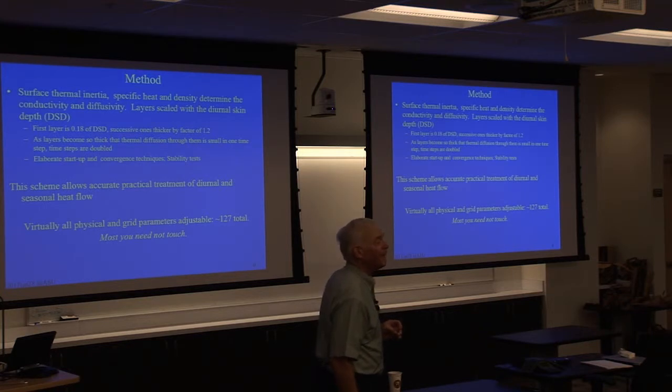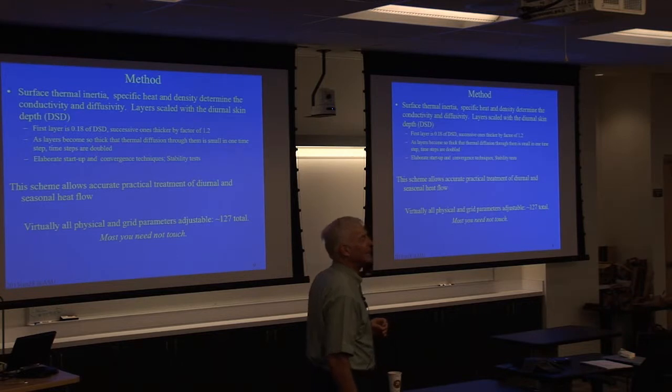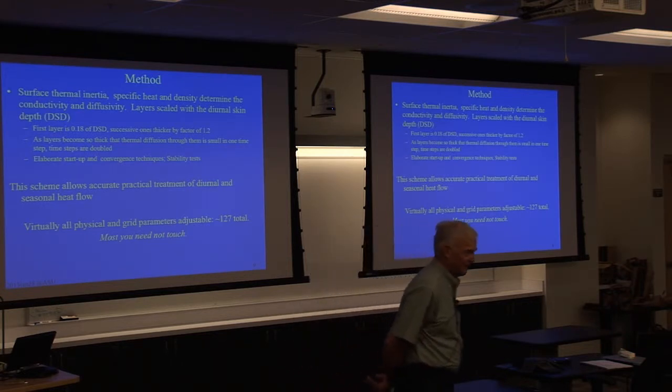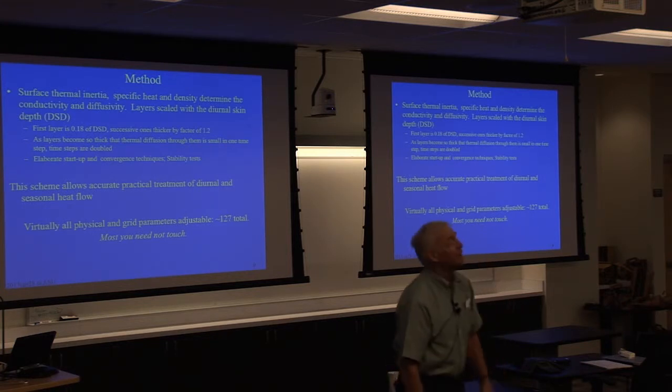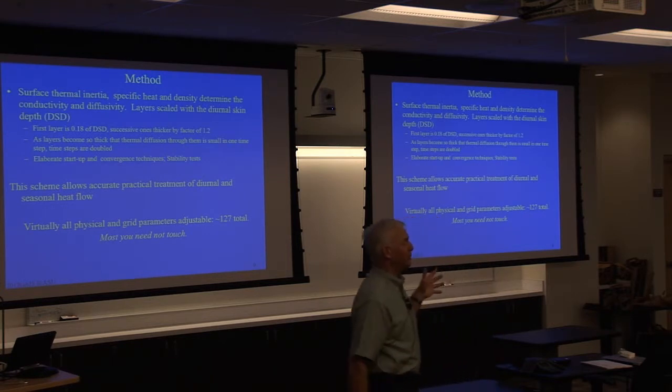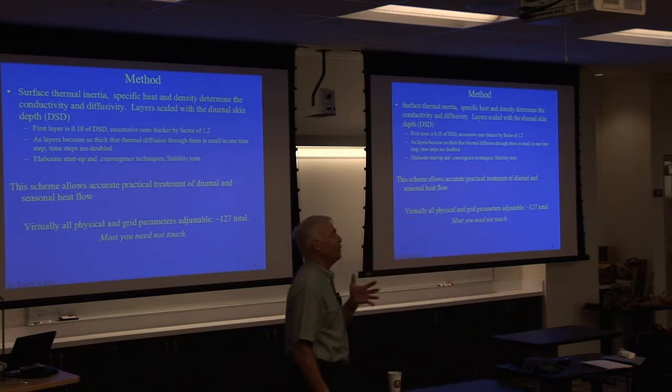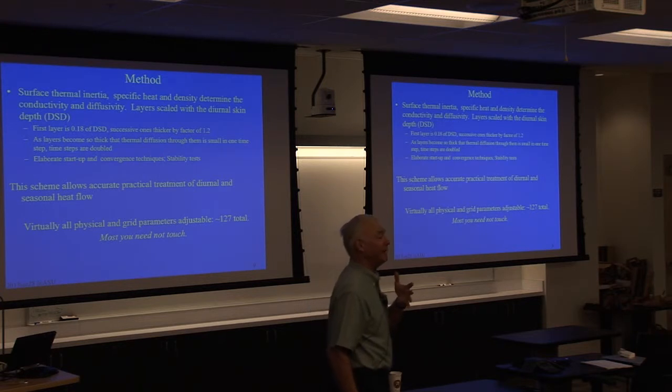Does the diurnal skin depth change dynamically throughout a model? So say as the thickness of your polar cap is increasing, does the thickness of your layers change to accommodate that thickness? No. That is an approximation of the system. The layering scheme is set up at the beginning of a run. If you have temperature independent properties, that's what it uses.